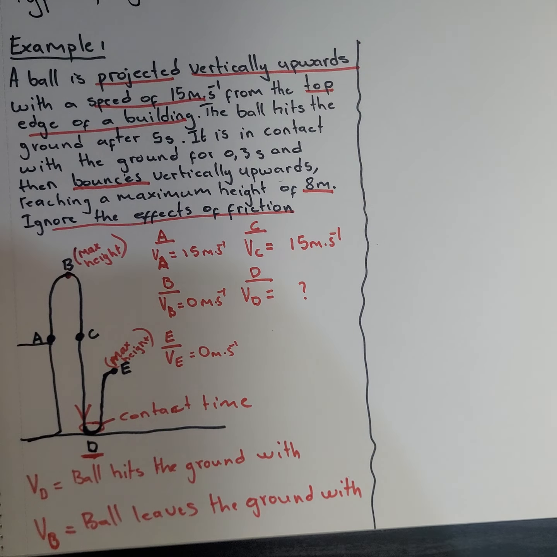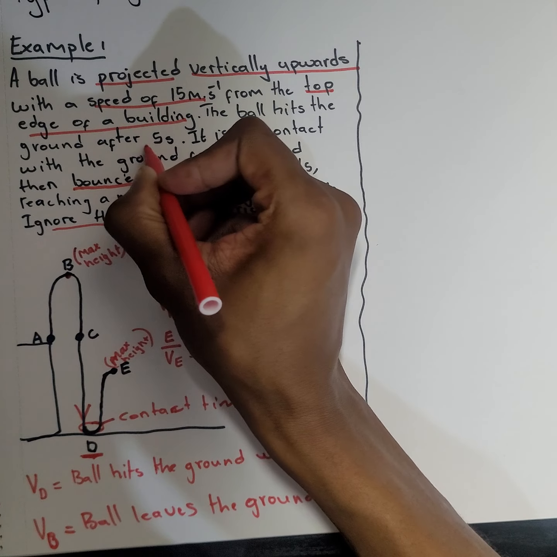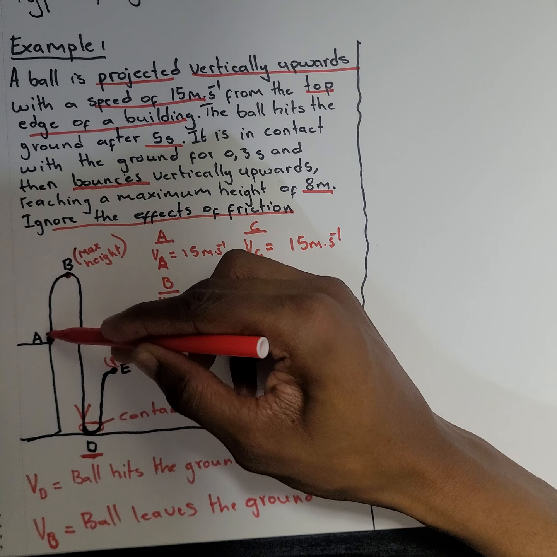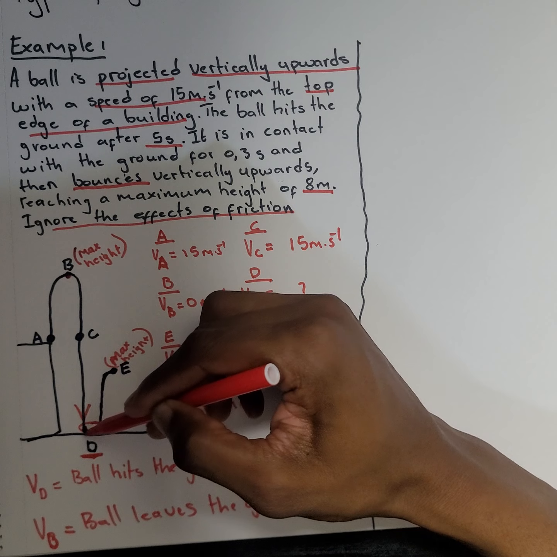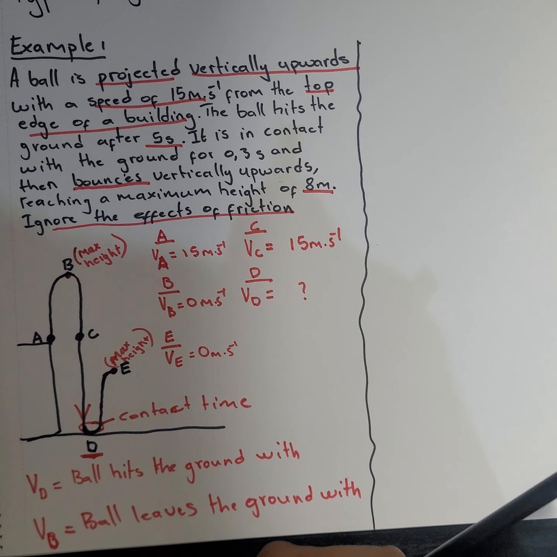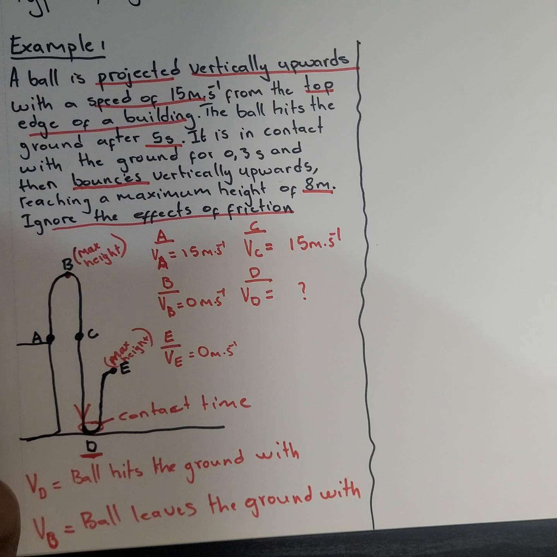It then says that the ball hits the ground after 5 seconds. So from A up until D, the ball took about 5 seconds to hit the ground.